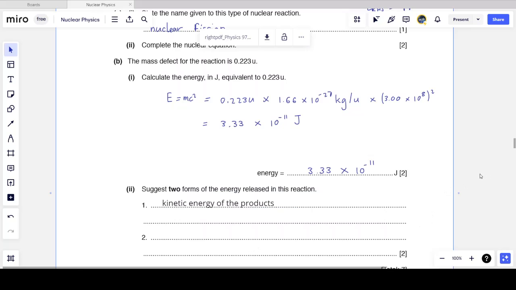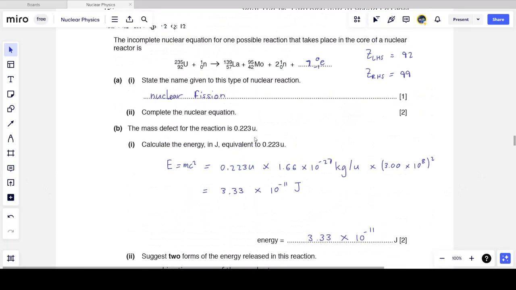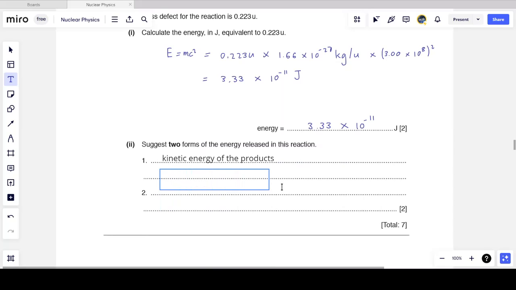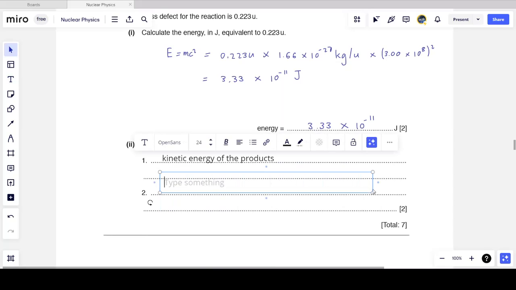The second form of energy, which we actually don't always see in the reaction equation, would be the possible emission of gamma particles. So it's possible that this reaction also releases electromagnetic energy in the form of gamma rays or gamma radiation.